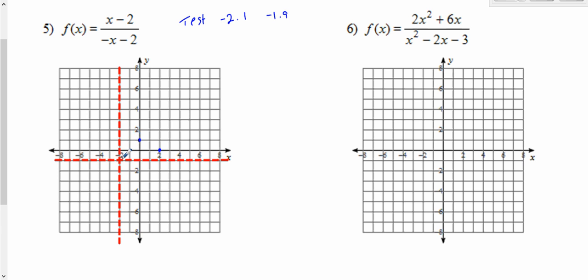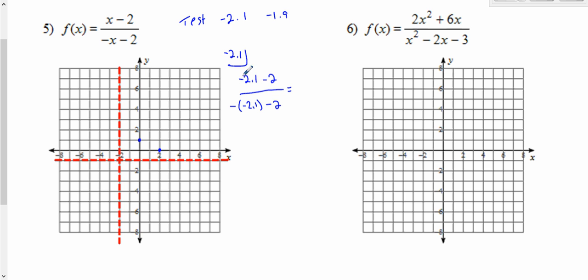What I'm looking for is when I am very close to the asymptote, am I going towards positive infinity or am I going towards negative infinity? And all I need to know is when I plug these numbers in, is the outcome a positive number or a negative number? So here is negative 2.1, the testing. I just plug it in for x. So negative 2.1 minus 2 over negative value of negative 2.1 minus 2.